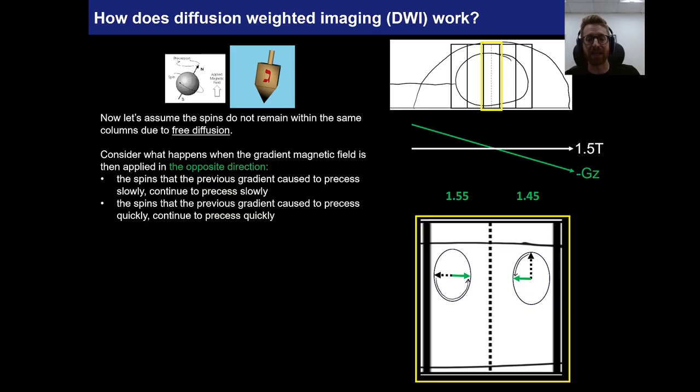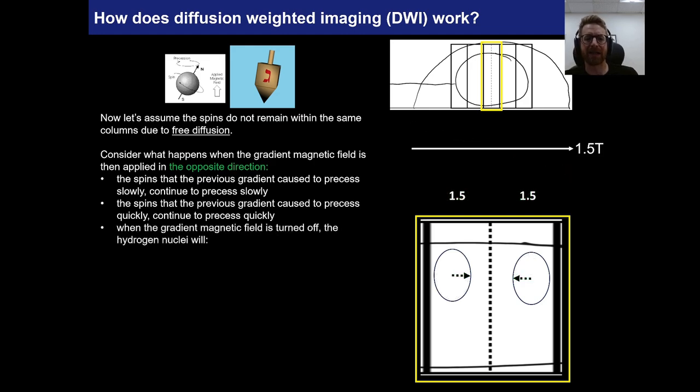So look what's happened. We've essentially completely destroyed the phase coherence. We've worsened the phase coherence. There's no phase coherence now. So when we turn off the gradient magnetic field and the spins go back to precessing at the same rate, the lower frequency, remember, 64 megahertz in a 1.5 Tesla environment, they're going to precess at the same frequency but out of phase with each other.